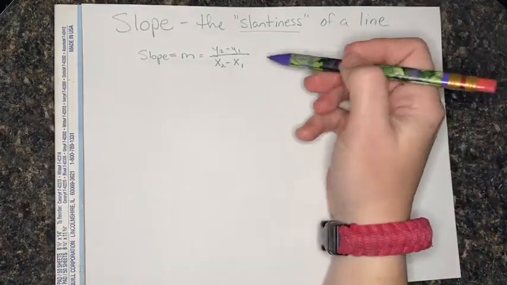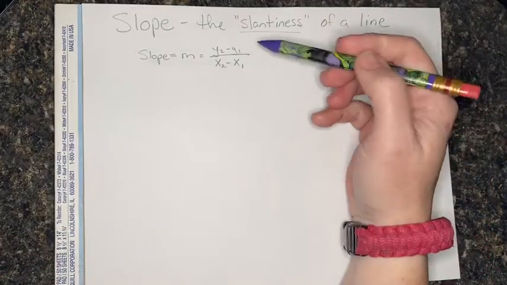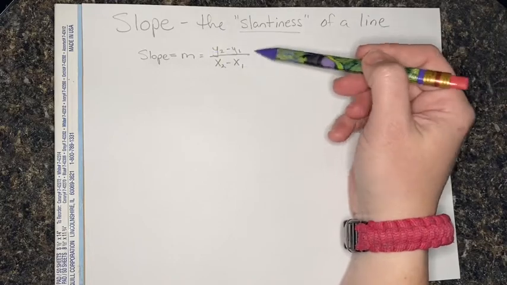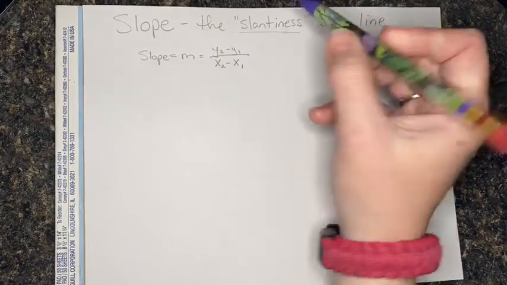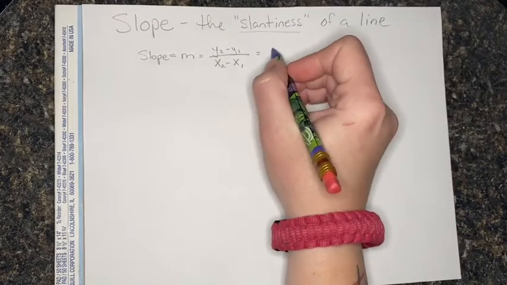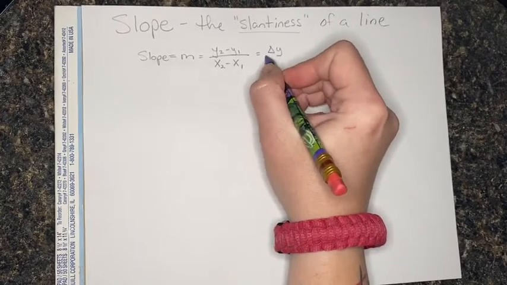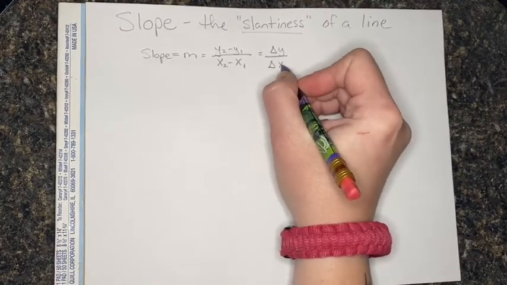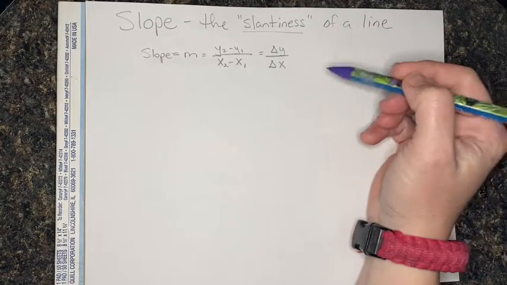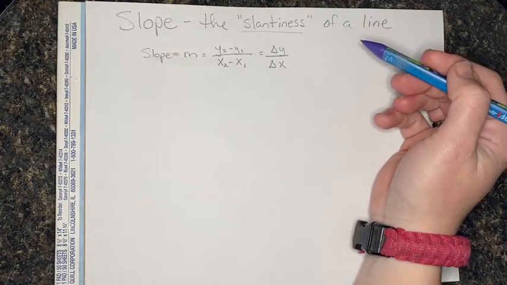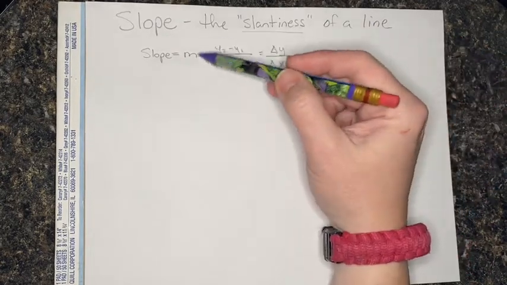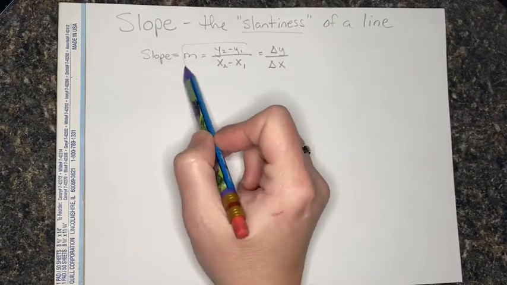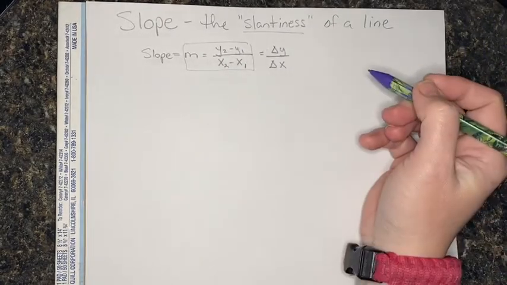So here is our formula for our slope: y2 minus y1 over x2 minus x1, or sometimes it might be written as the change in y over the change in x. That's what's represented by that triangle.